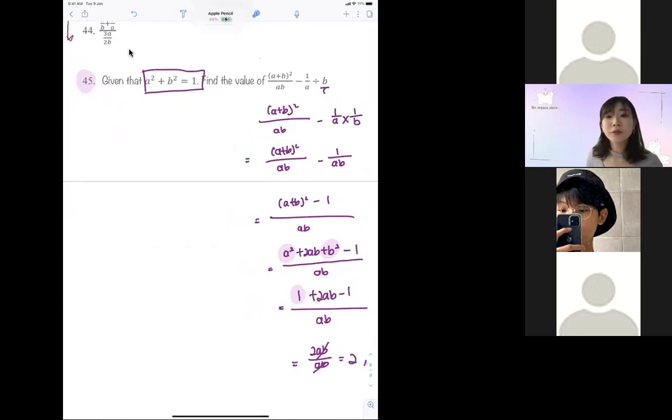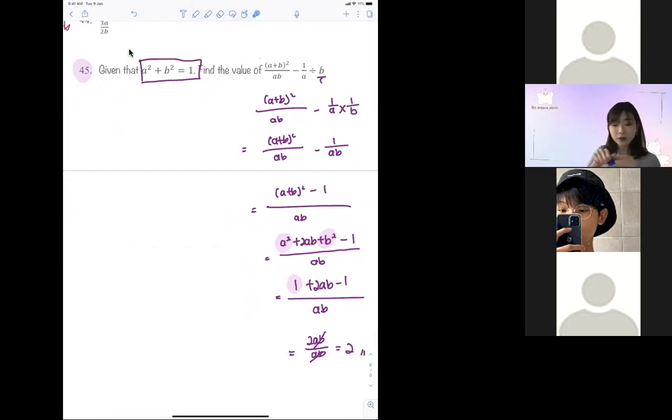Can you help me write down 45? Okay, when you're done writing and no question, can you help me put a thumbs up?